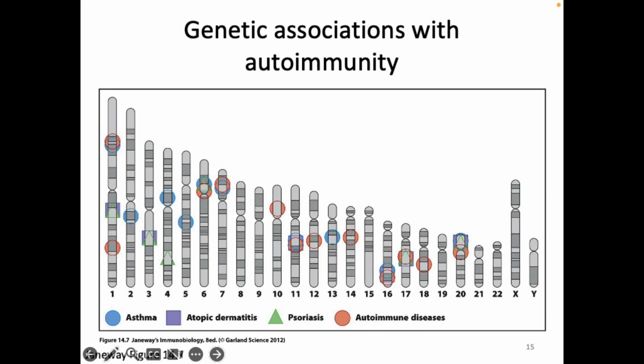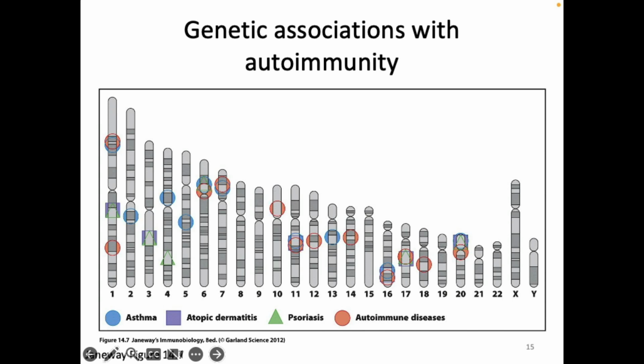You can see that there are associations throughout the genome. You can also see that there are some areas, like this short arm of chromosome 20, that are related to lots of autoimmune diseases. You can also see that there are some associations that are specific for only one particular autoimmune disease.